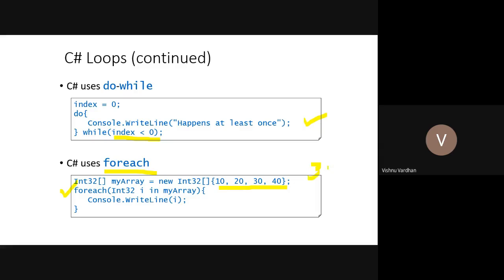If there are 32 elements, only 32 times it will get executed. It will never seek the 33rd time, even though you have mistakenly given the wrong length of the array.